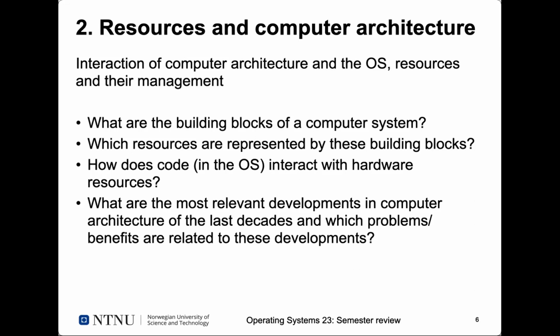And you should also think about what are the most relevant developments in computer architecture of the last decades. So what really makes up a computer today, and which problems and which benefits come from these developments. So computer architecture obviously is important. You don't need to know it in detail. I'm not going to ask you about cache coherence stuff, which would be part of a computer architecture lecture.